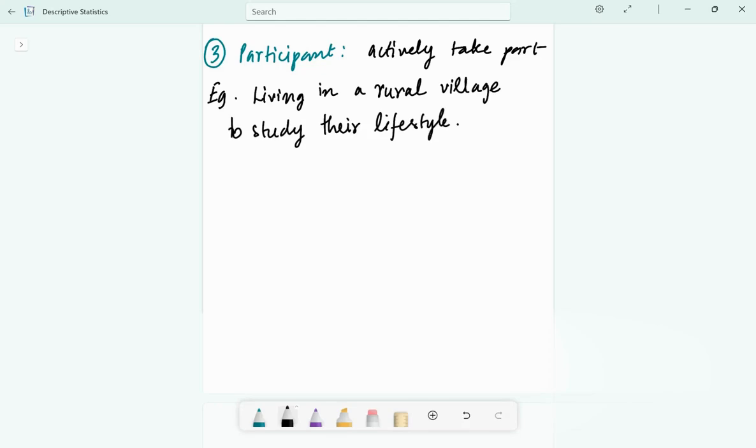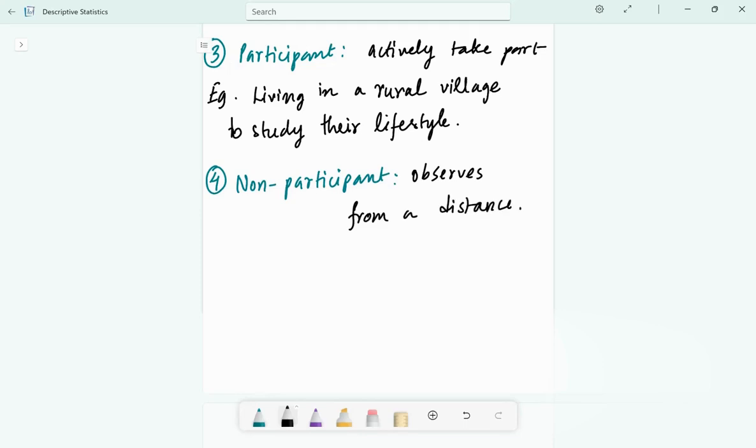Now, the opposite to it, non-participant. Again, very self-explanatory. What is non-participant? The researcher does not participate but only observes from a distance. What can be the example?